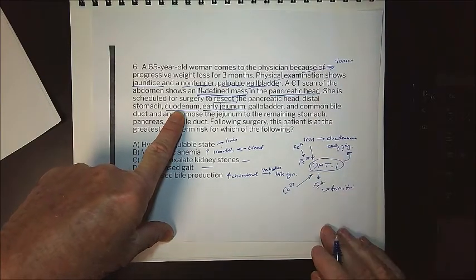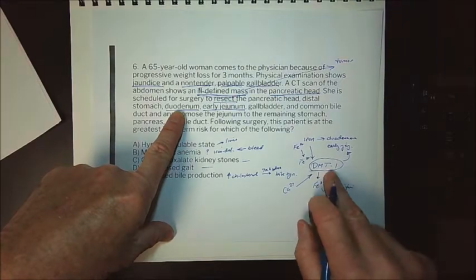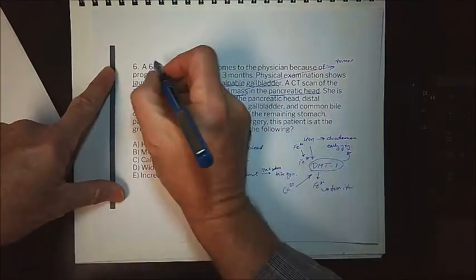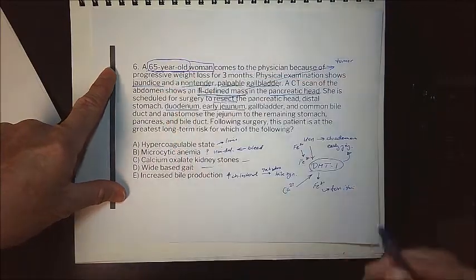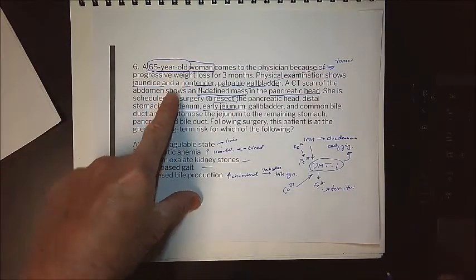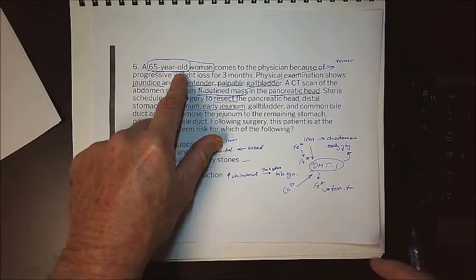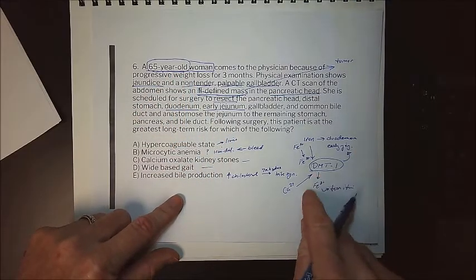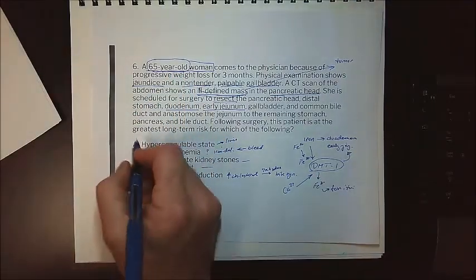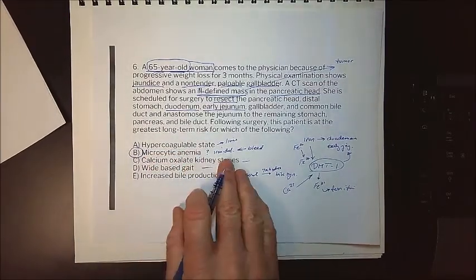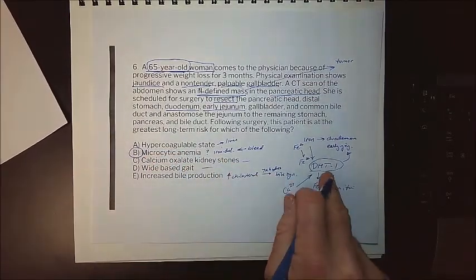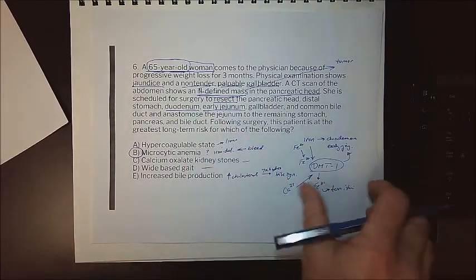And this is a little side note I'm bringing up because calcium uptake can be deficient in here. And go back here, 65-year-old woman. So she could also be at risk for osteopenia or osteoporosis with this resection. So that needs to be watched also. So the correct answer here is microcytic anemia, primarily because her transport mechanism for iron has been removed.